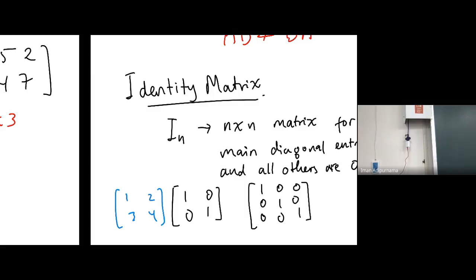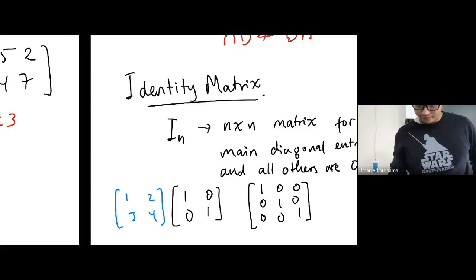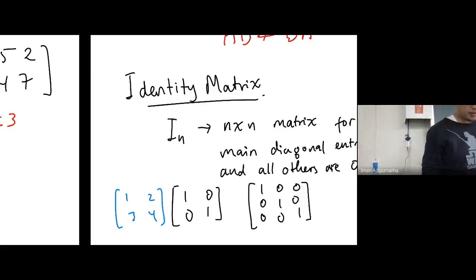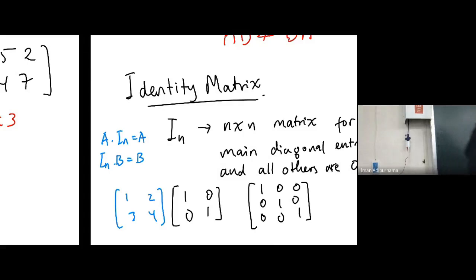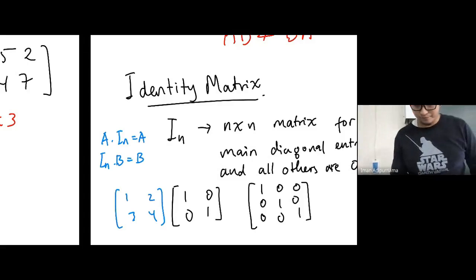Okay, that's the identity matrix. So if you have A and you multiply by the identity, it will still be A. If you have B, still B. So from the right side or from the left side, it should be the same as the original matrix.